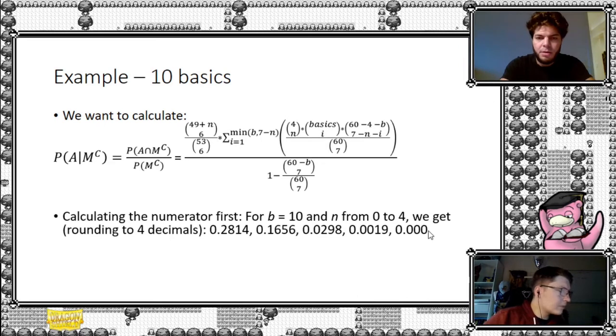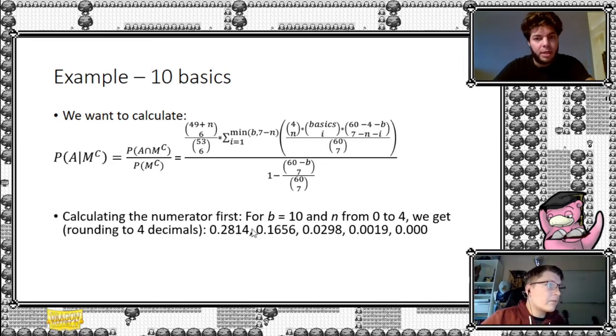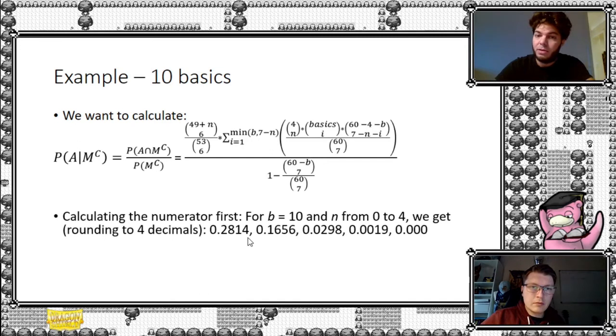The first one is 0.2814. So that is the probability of drawing 0 V-Union cards into your opening hand, not having a mulligan hand, and not prizing any of the V-Union cards at once. And the second one, 0.16, is the probability of drawing 1 V-Union card into your opening hand and at least 1 basic and not prizing any of the remaining V-Union cards, and so on.